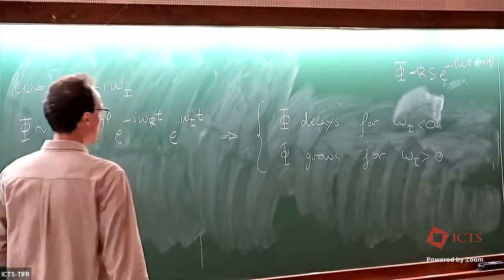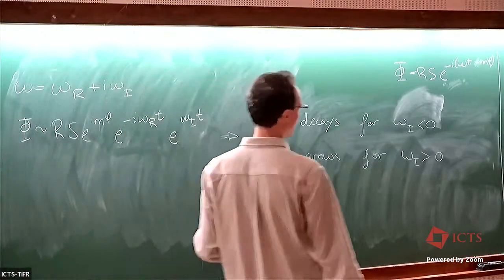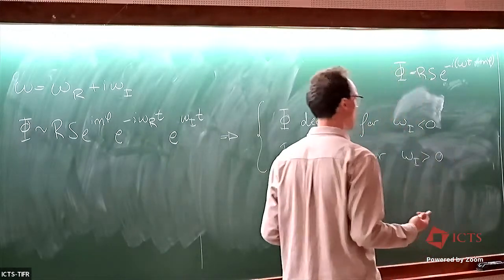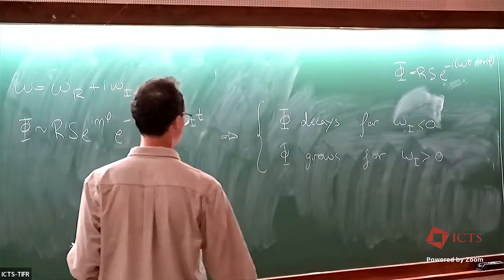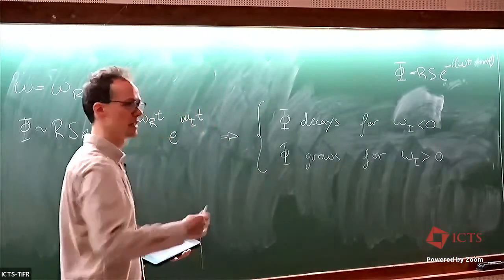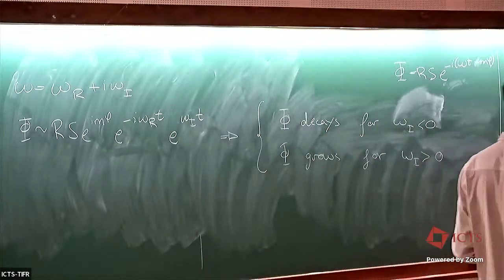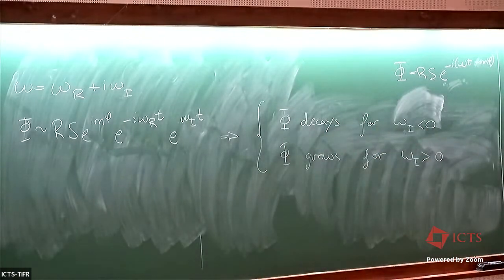So now the question is, how do we find out what this omega_I is? And conversely, how can we find out whether this solution that we're actually interested in is decaying exponentially or growing exponentially? To do this, we would need to solve the radial and the polar equations, assuming that omega is now complex.